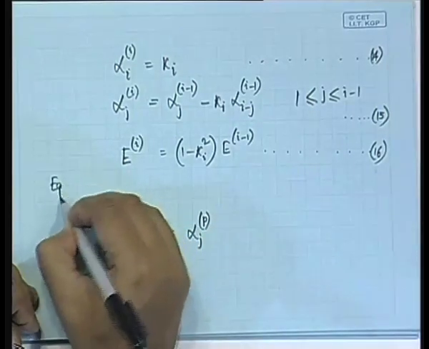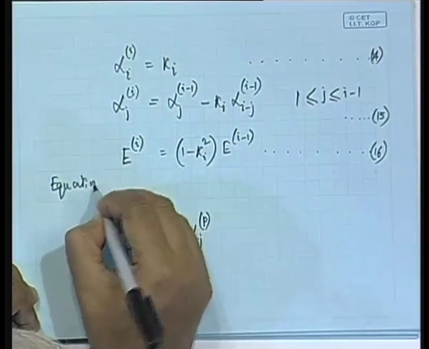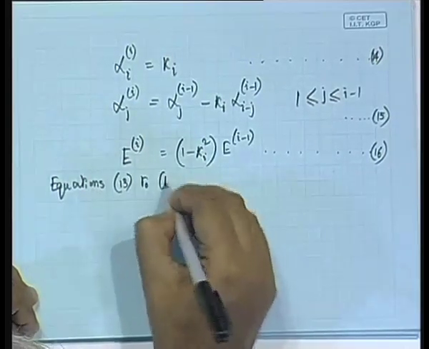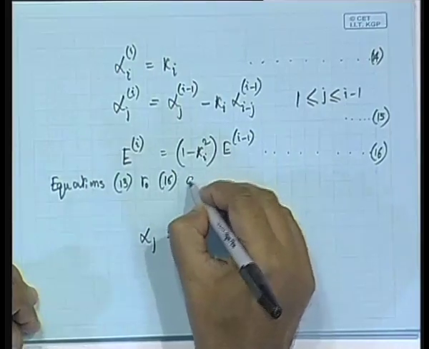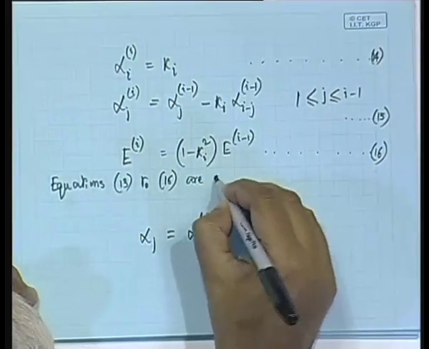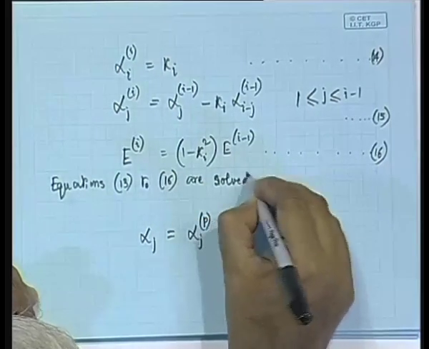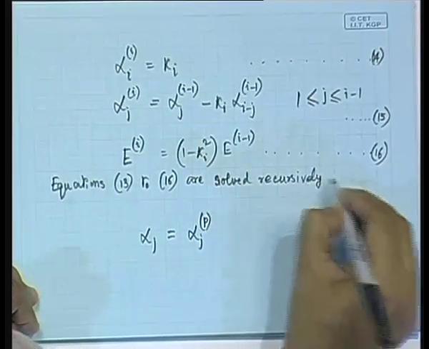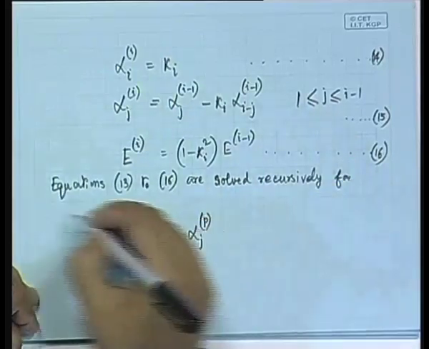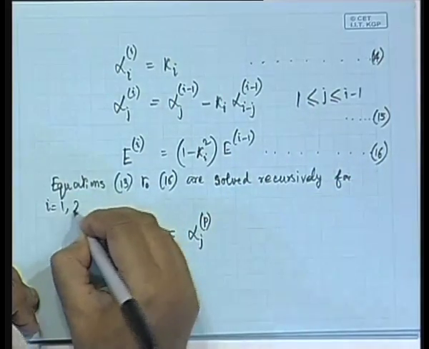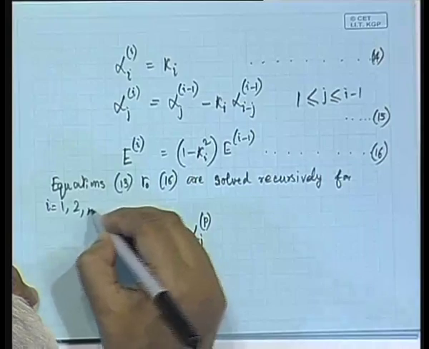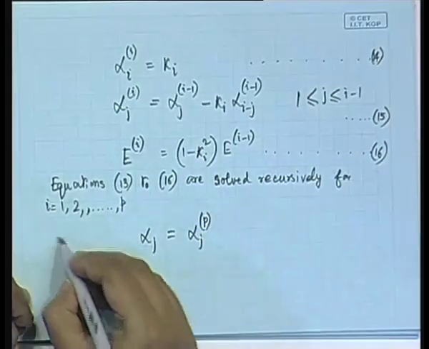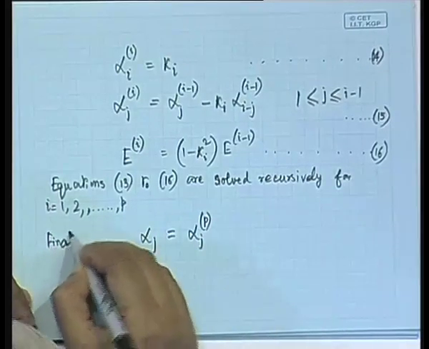So all that we can say is that equations 13 to 16 are solved recursively for i equal to 1, 2, etc. up to p, and this is the final solution.